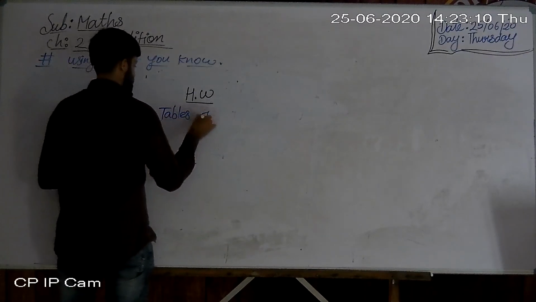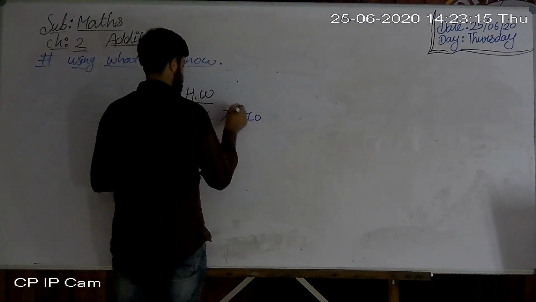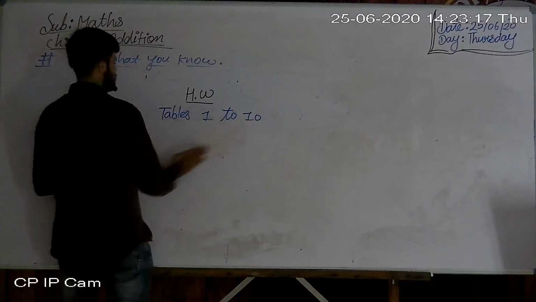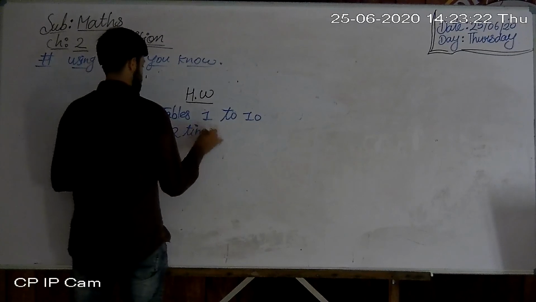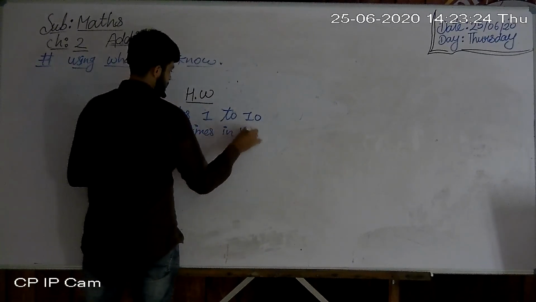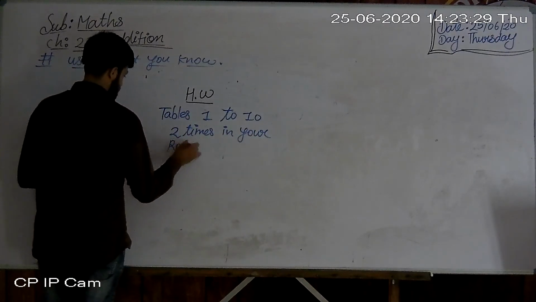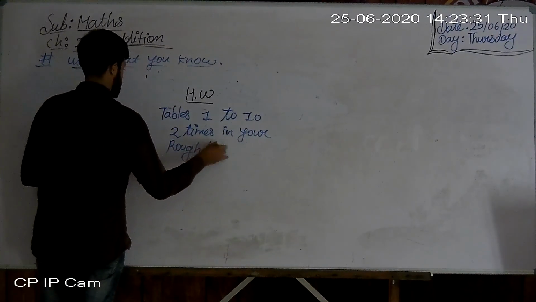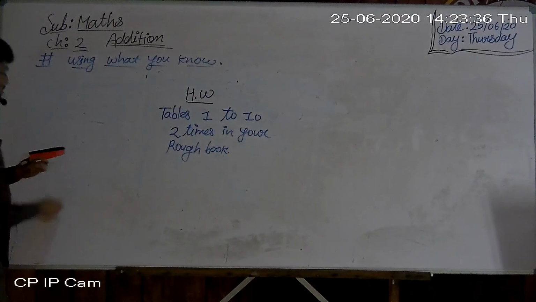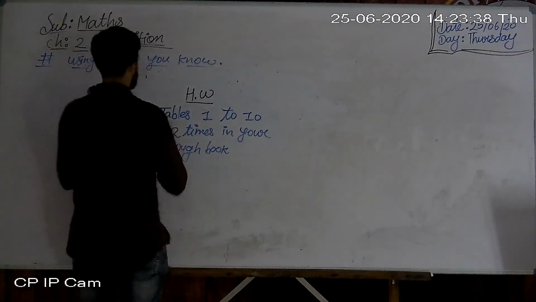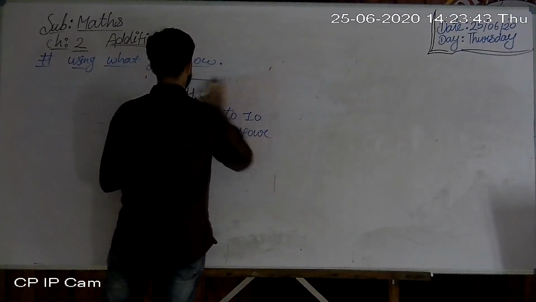Tables 1 to 10, 2 times in your rough book. Tables 1 to 10, 2 times in your fair book. All students, you must do your homework. Okay.